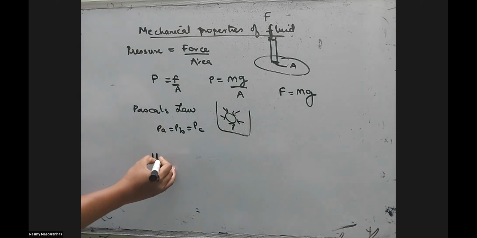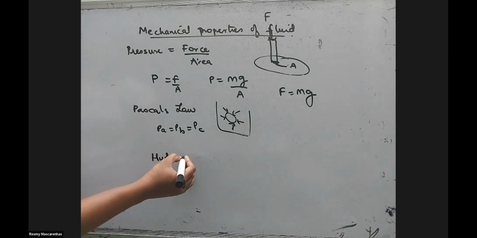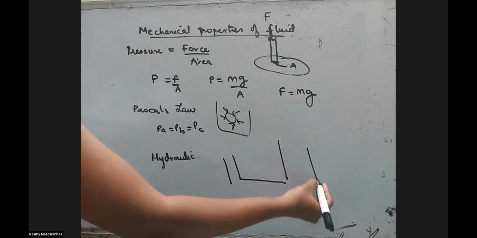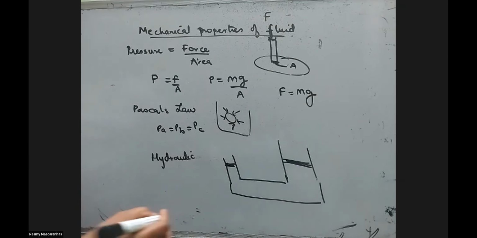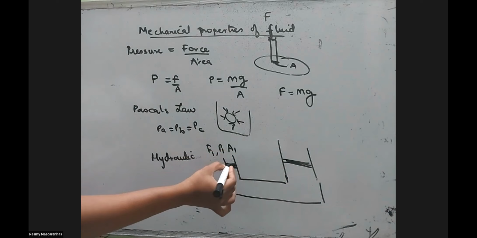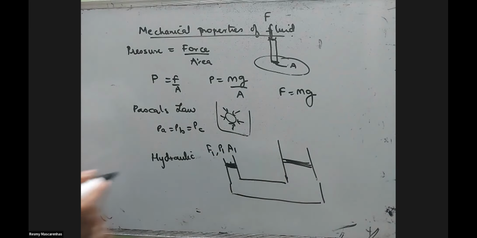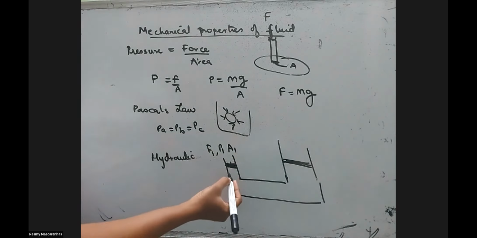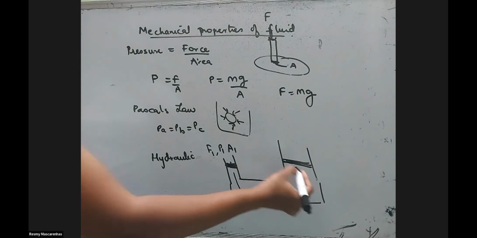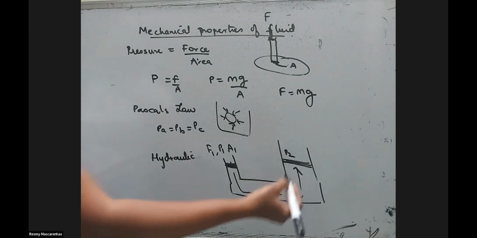Then we saw a hydraulic machine, where we use a smaller tube and a bigger tube. There are always two pistons, one on each side. On this side it will be F1, pressure P1, area A1, the area of the first piston. Same way, this pressure P1 is transmitted till here and will go over here as P2.